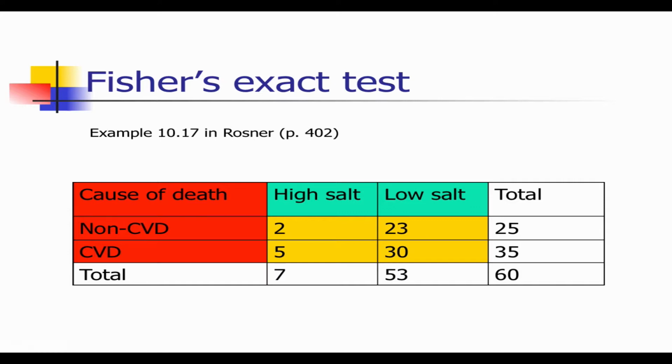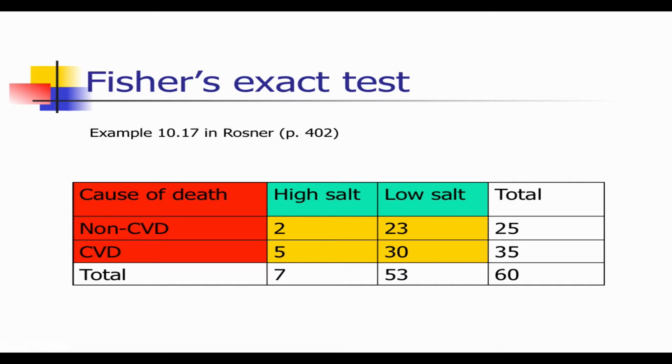Okay, so after you enumerate all the possible scenarios, what is the p-value? If you calculate under the null hypothesis, what is the probability to observe this table? Let's see, you got this. And then under the null hypothesis, what is the probability to observe this table?